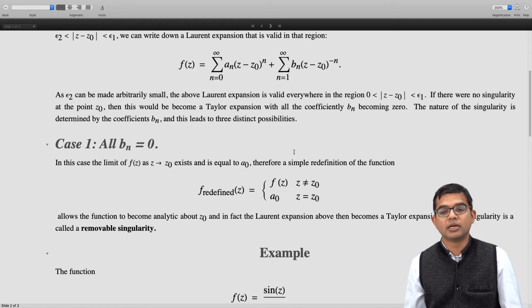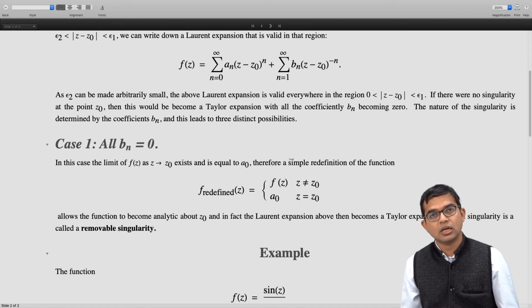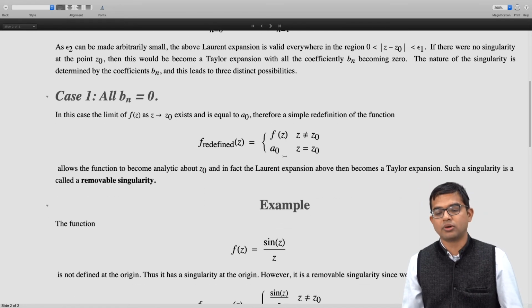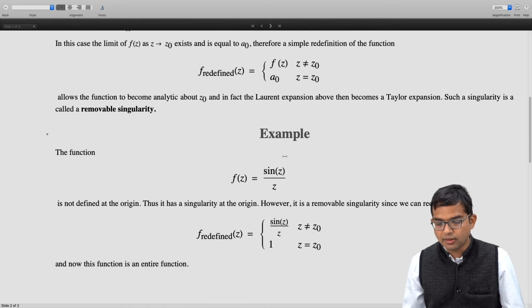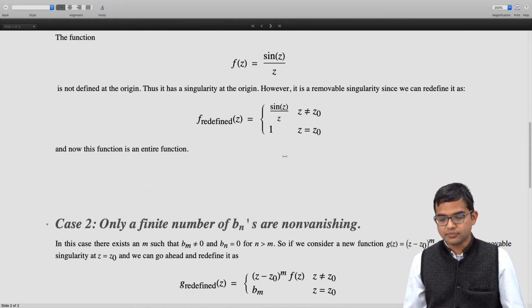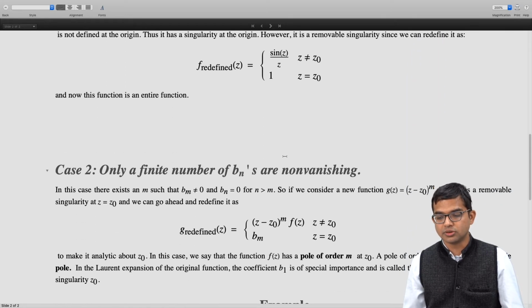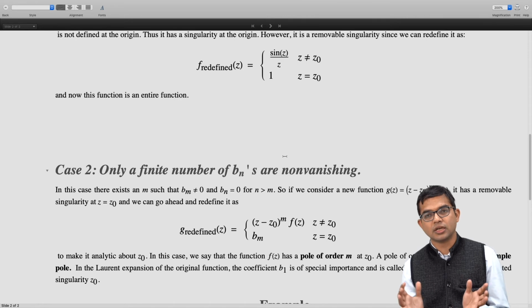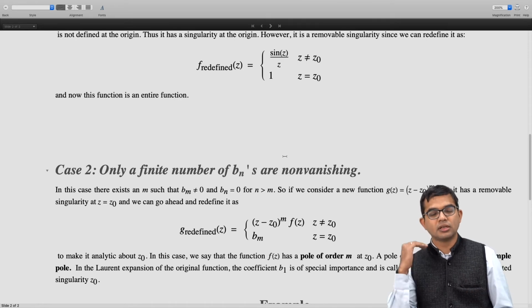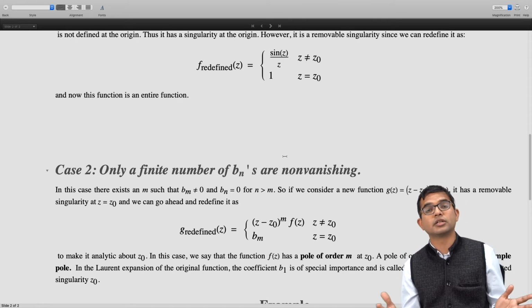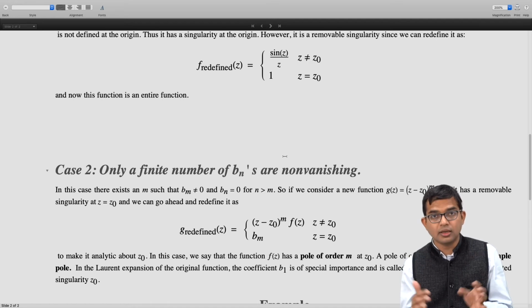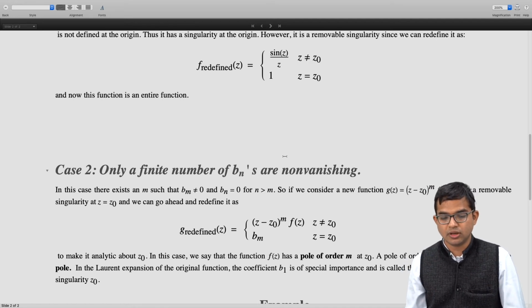So b1 divided by z minus z naught is of paramount importance, and so this coefficient has a name, and it's called the residue. The residue of a function f of z is simply defined as the coefficient b1 in the Laurent expansion of this function when it is expanded about an isolated singularity.